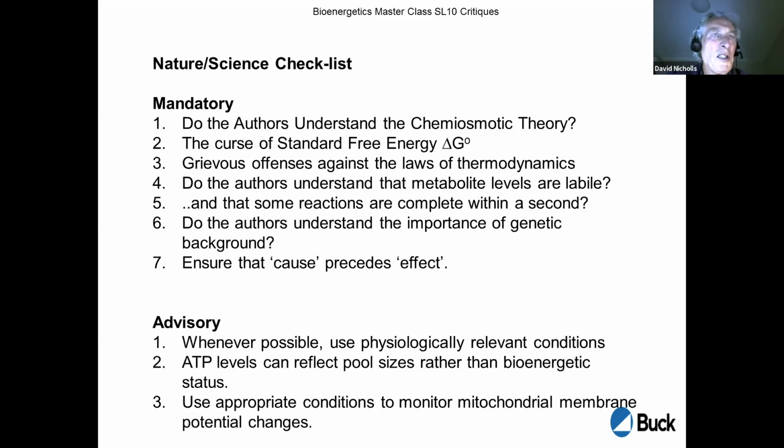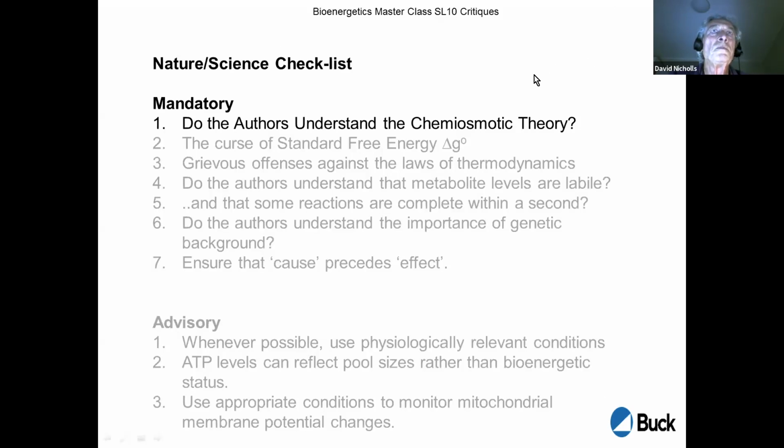And various specificities: Martin and I and Shona tear our hair out about people measuring ATP rather than ATP-ADP ratios at least, and coming to false conclusions. And not surprisingly, as we've just talked about, using the right conditions to measure mitochondrial membrane potential.